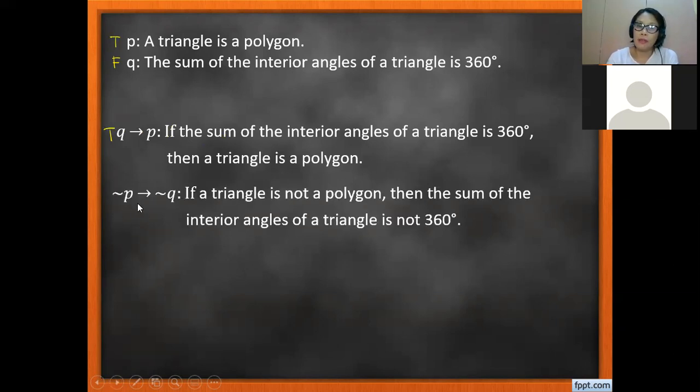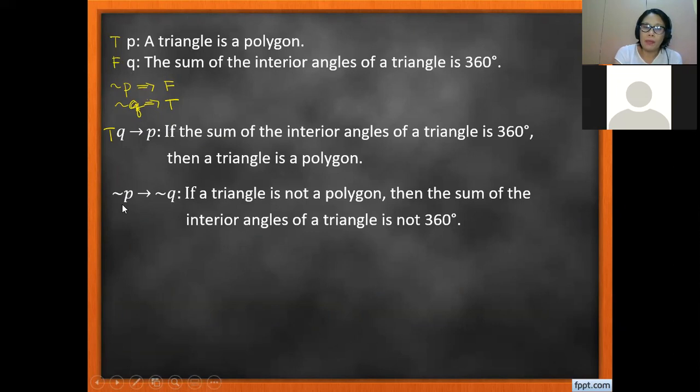Now, this is the inverse. If negation of P, then negation of Q. Take note that negation of P will come up with a false statement because originally P is a true statement. Also, negation of Q is a true statement because originally Q is a false statement.